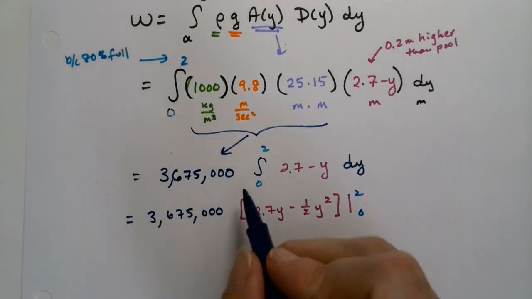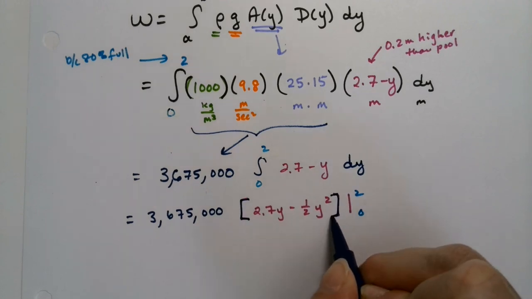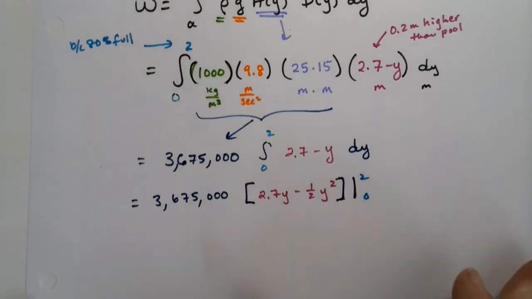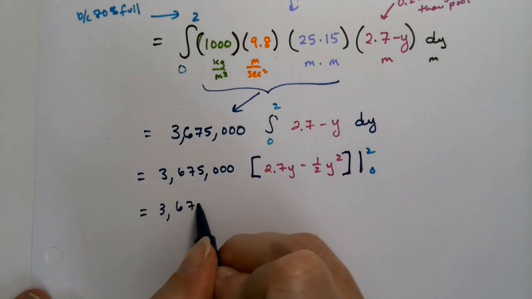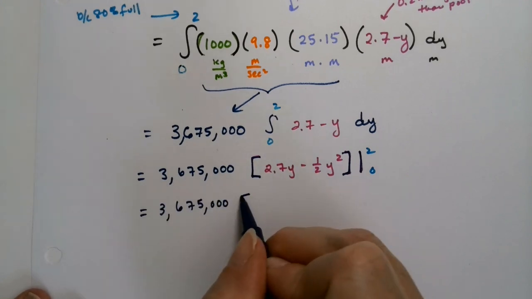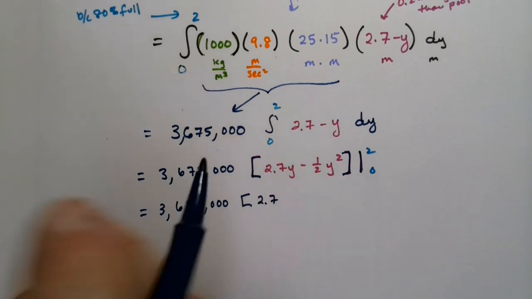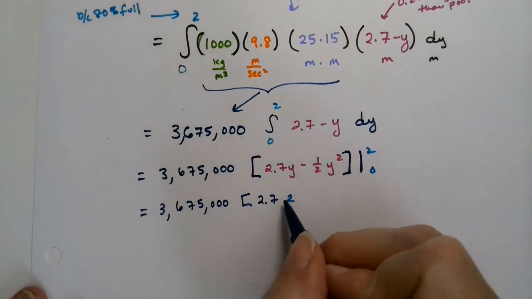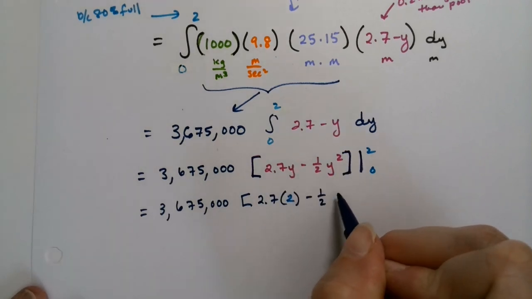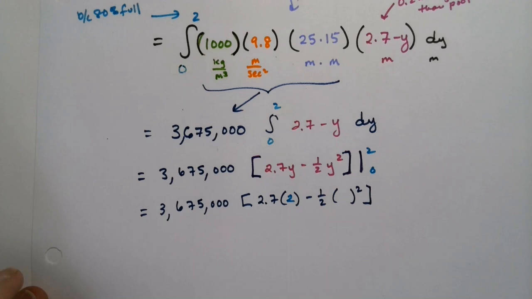All right. So obviously the 0 is not relevant because 0 would just be 0 in there. What is relevant is the 2. So it's 3,675,000. And then it's 2.7 times 2 minus 1/2 times 2 squared. This is what Desmos is for.